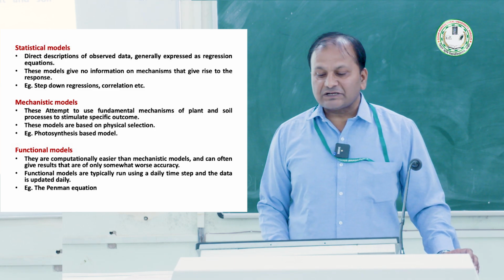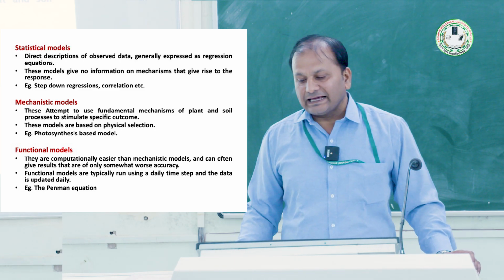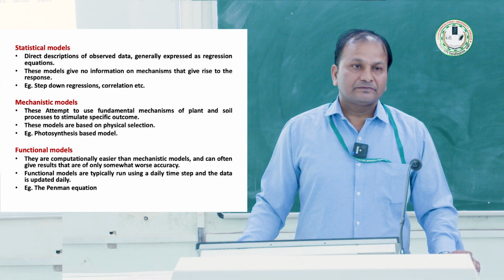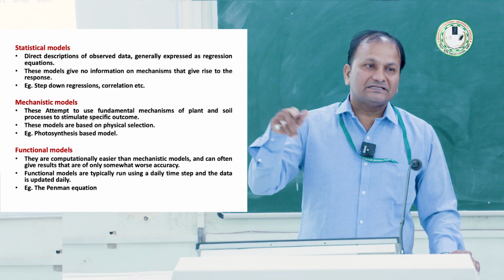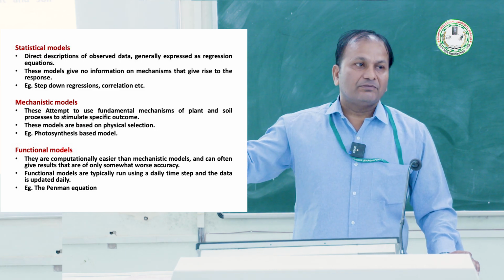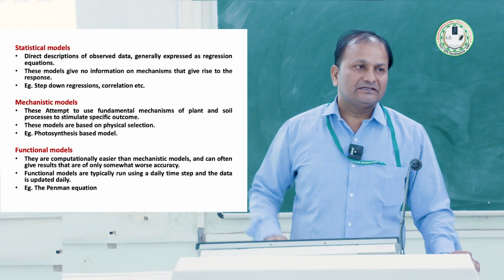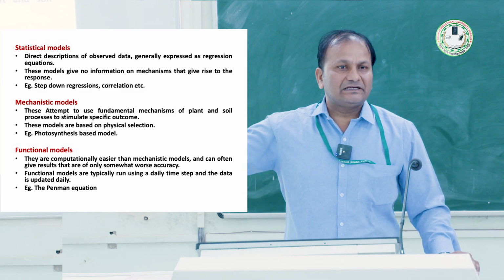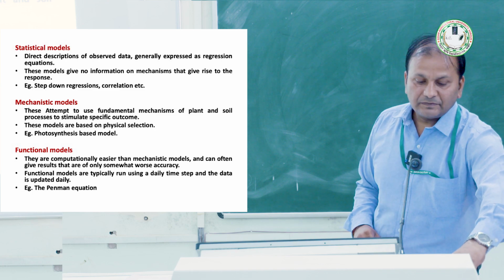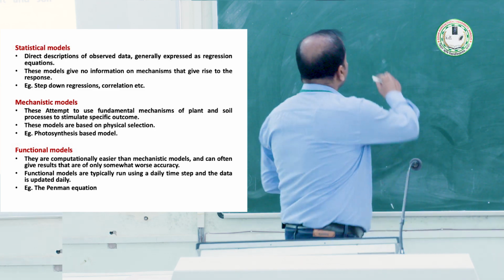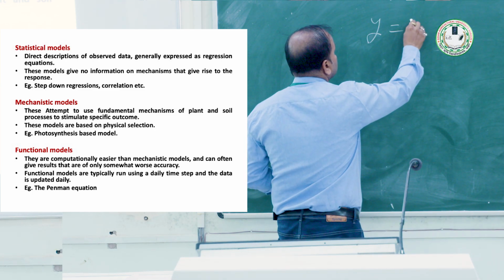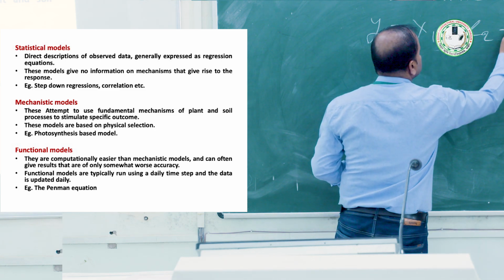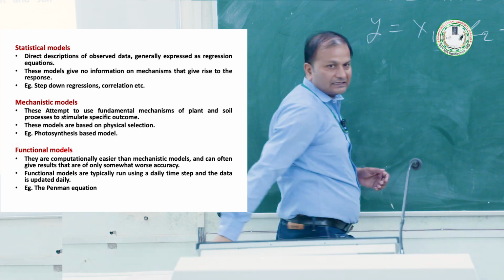So direct descriptions of observed data, generally expressed as a regression equation. Regression equation means y is equal to m plus ax, like that, anything, or y is equal to x1 plus x2 plus x3, like that.